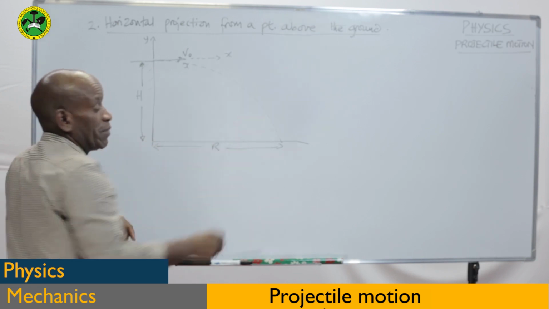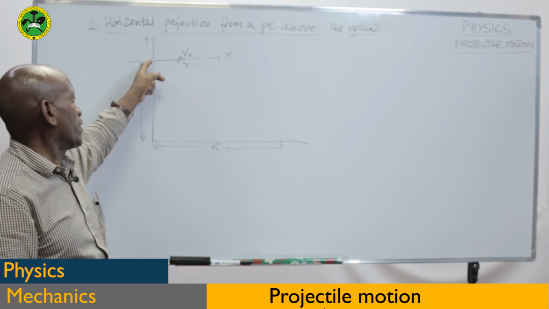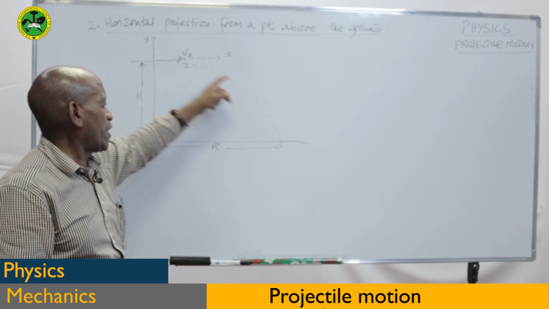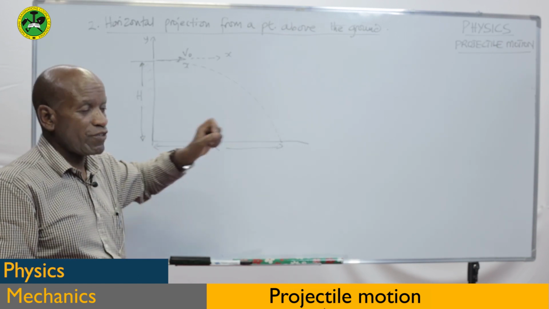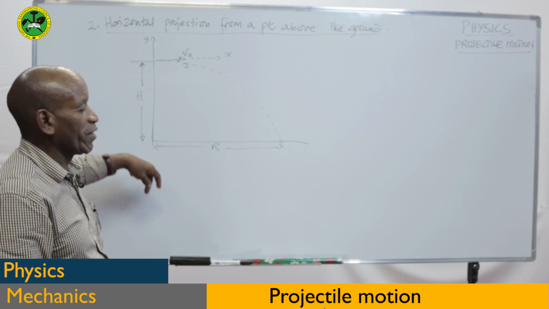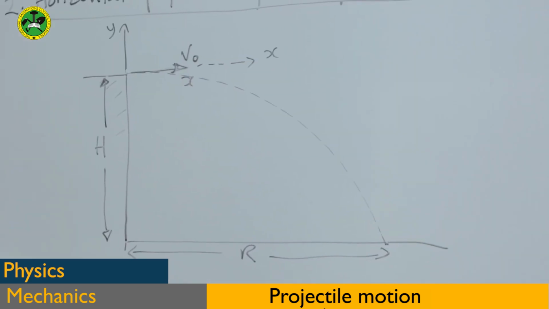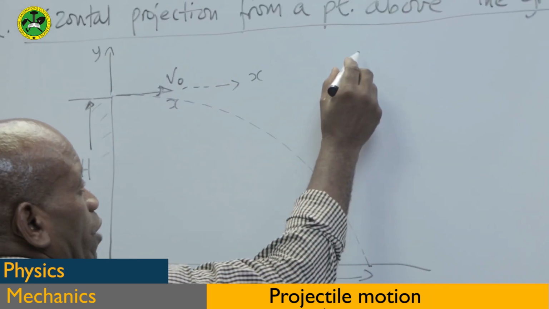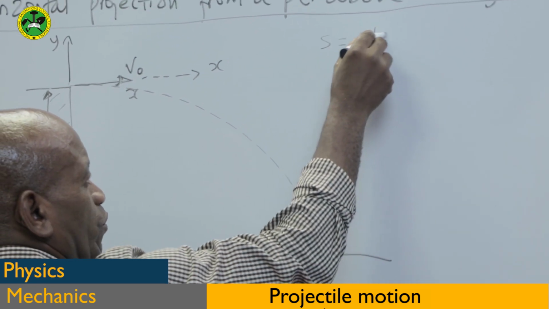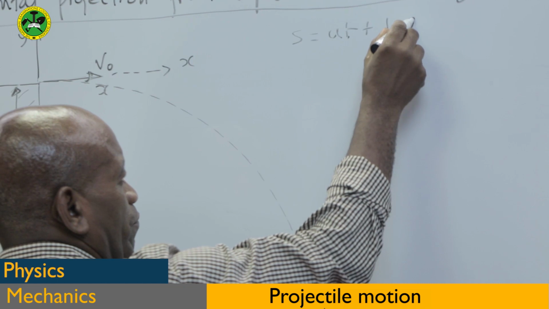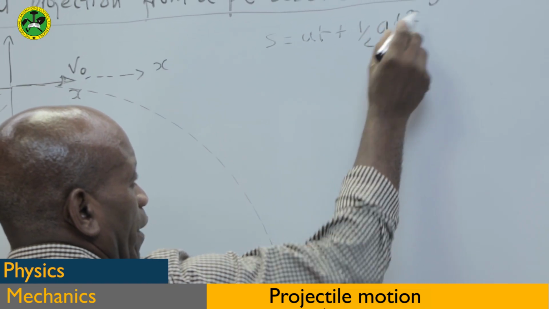So you might be asked to determine the time of flight from the point of projection until it hits the ground, or the range, or to calculate the height h. We use the same formula, S equals ut plus a half at squared.